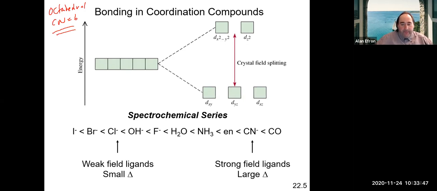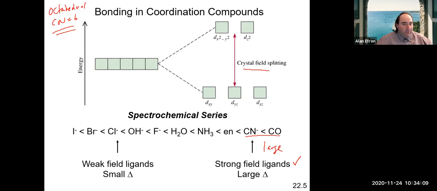On the right-hand side, where we have things like en and CN, over in this range, these are strong field ligands. So what does that mean? Strong field ligands means that this splitting is going to be relatively large.